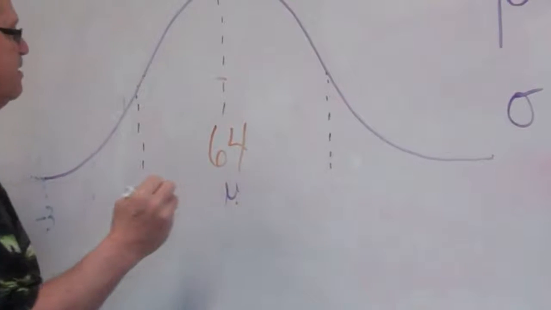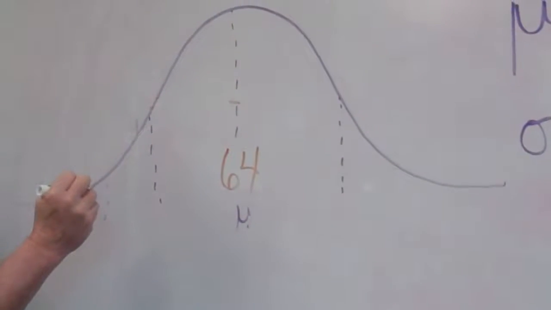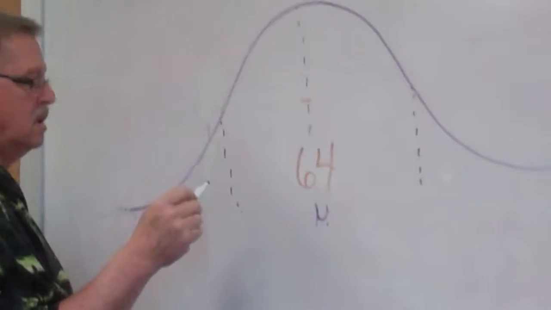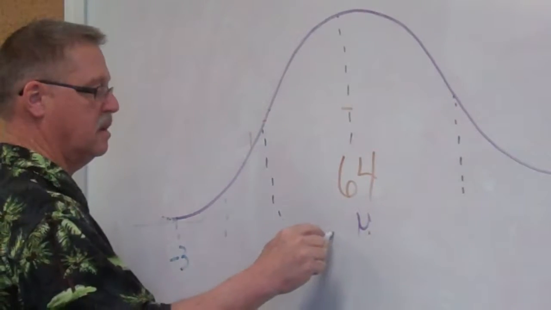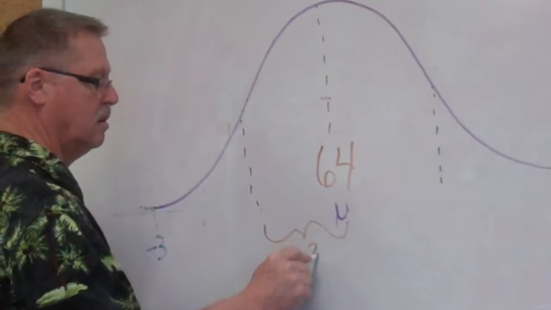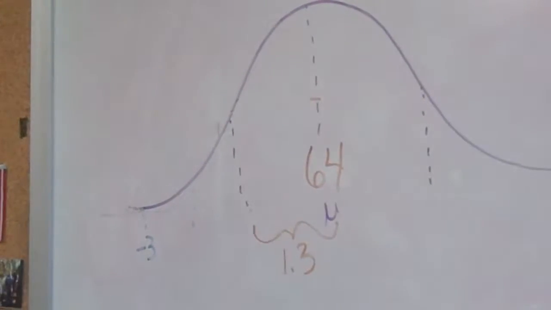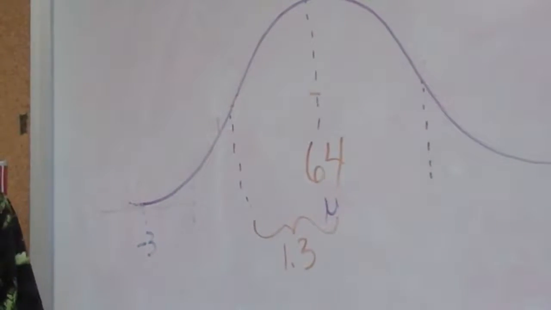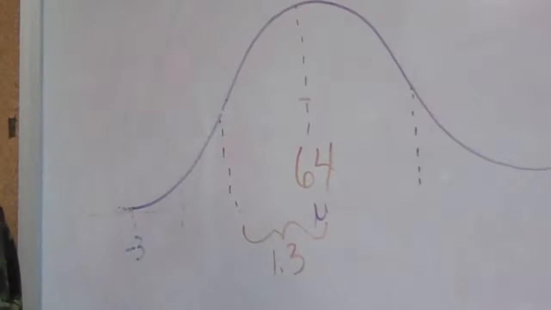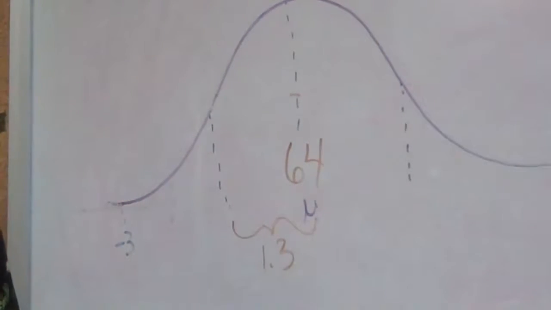What else did they give you? Is it called deviation? Yeah, 1.3. Standard deviation is how much? 1.3. Okay, every 1.3 is another z-click then. And then what did they want? Oh, did they tell you another thing? They told you z. What is z?